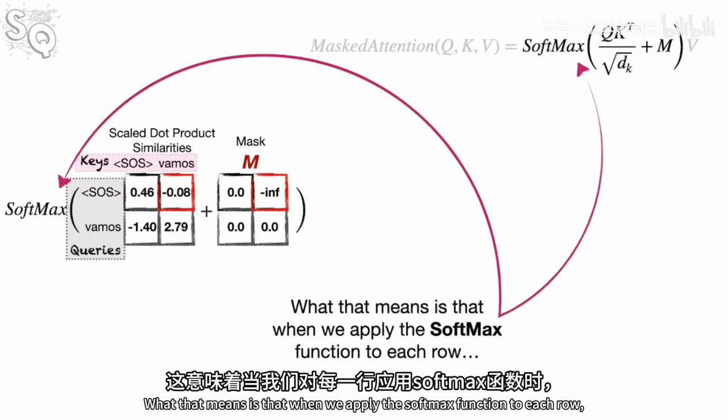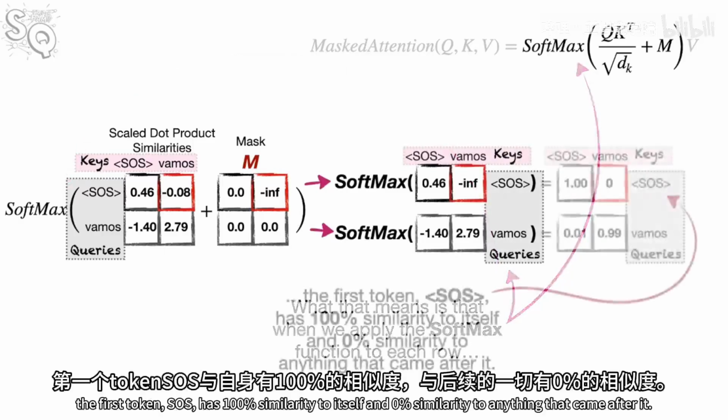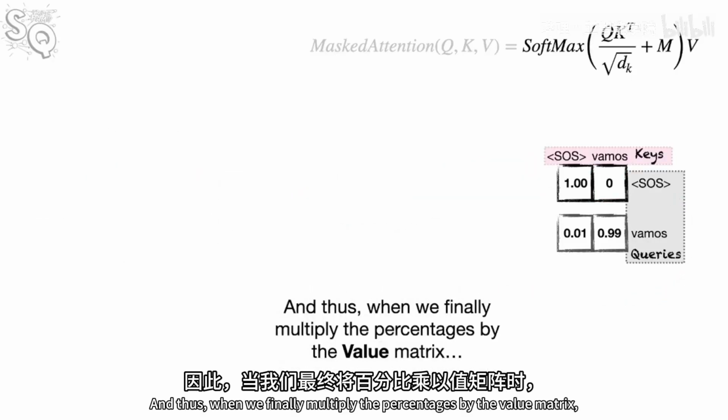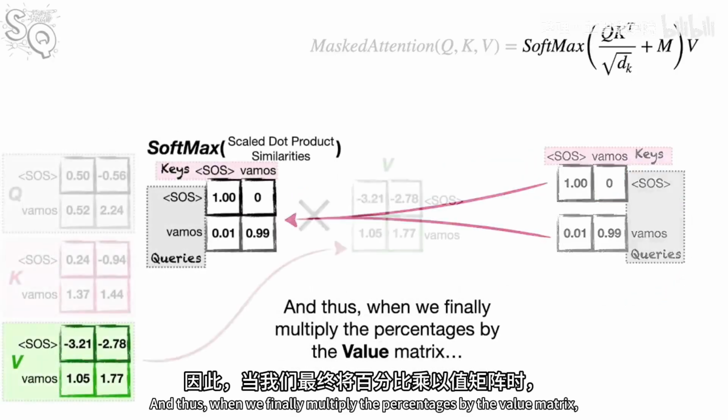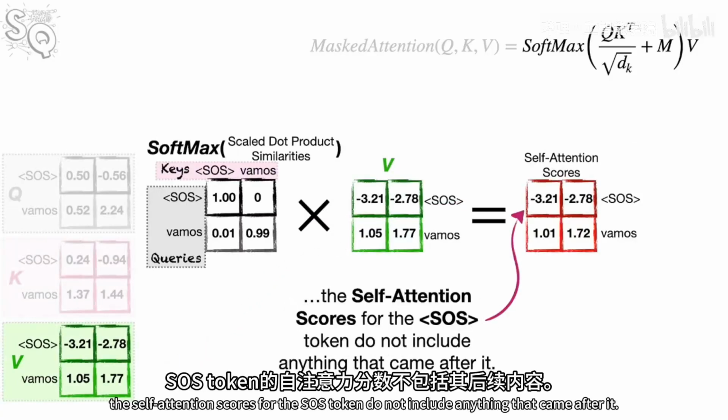What that means is that when we apply the softmax function to each row, the first token, SOS, has 100% similarity to itself and 0% similarity to anything that came after it. And thus, when we finally multiply the percentages by the value matrix, the self-attention scores for the SOS token do not include anything that came after it.